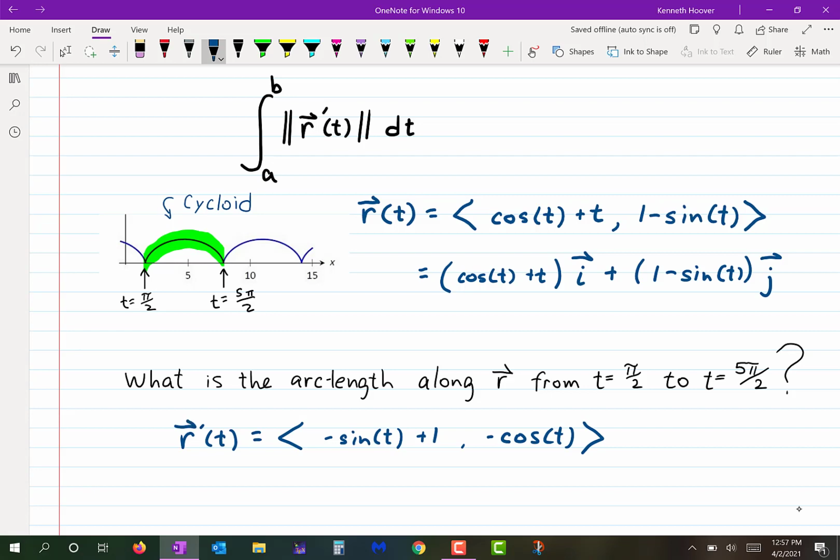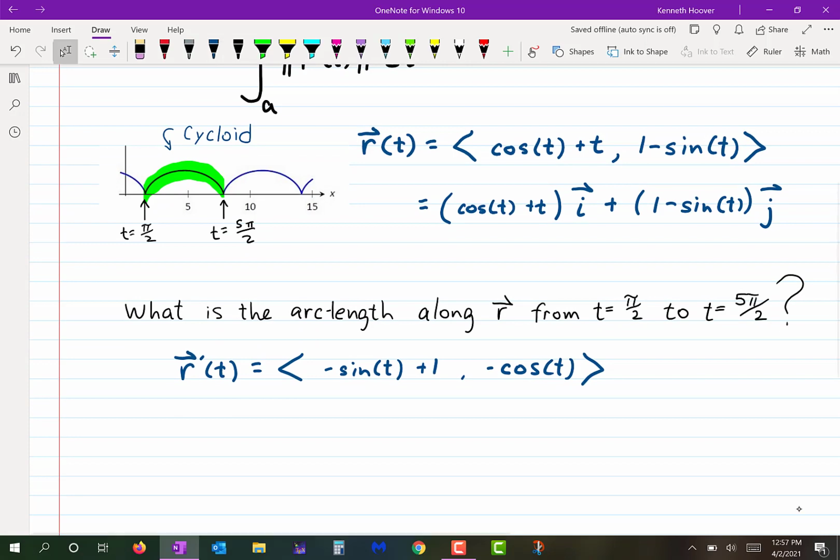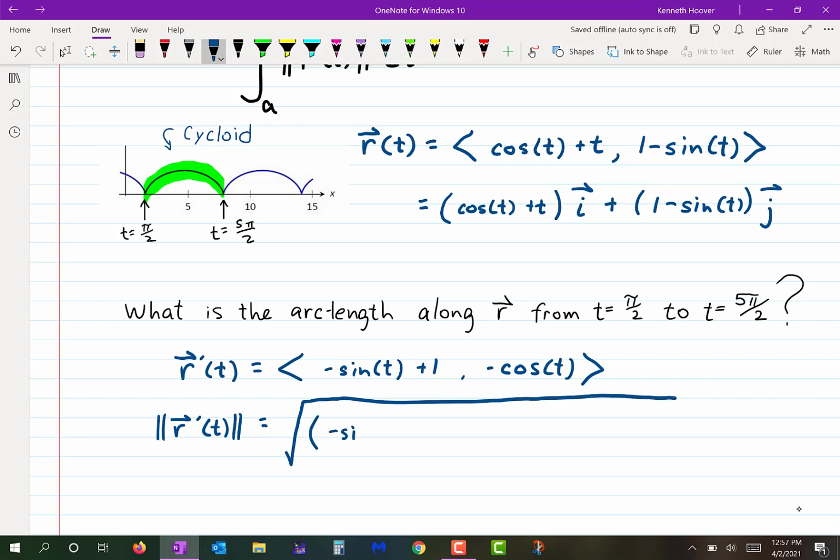Now let's find the magnitude of that. The magnitude of r prime will be the square root of negative sine of t plus 1, squared, plus negative cosine of t, squared.